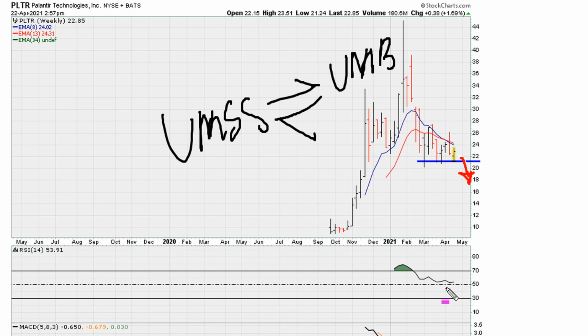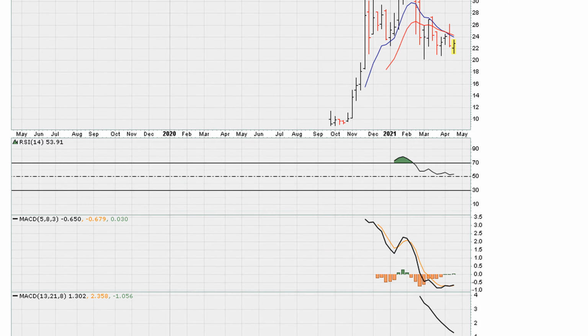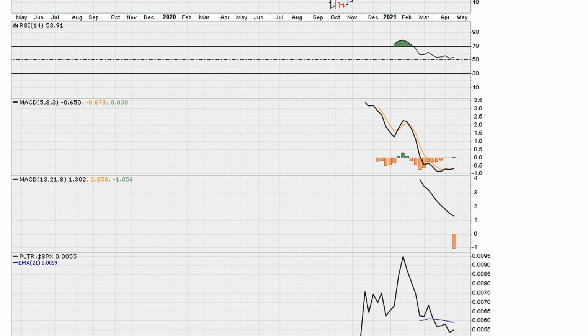Because if it breaks this area, it would also mean that the RSI would be moving to fresh lows. That would not be good. It would also mean the MACDs trading at fresh lows, as we can see, MACDs have already broken to fresh lows. This is not a good looking chart.